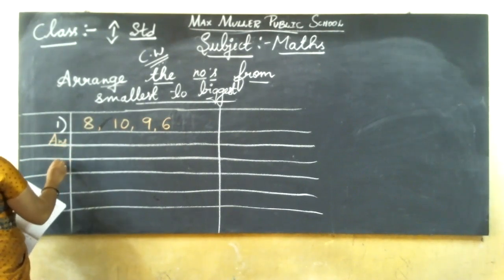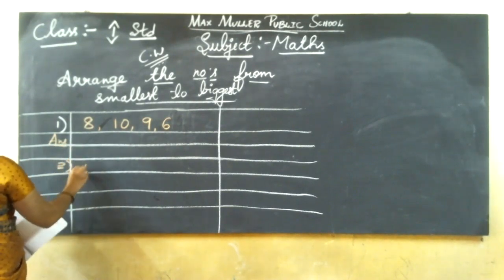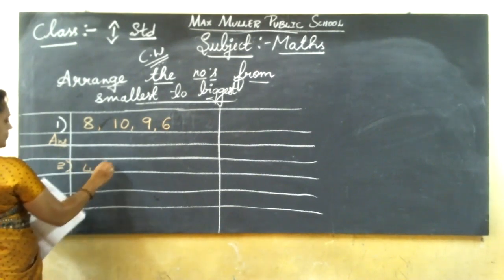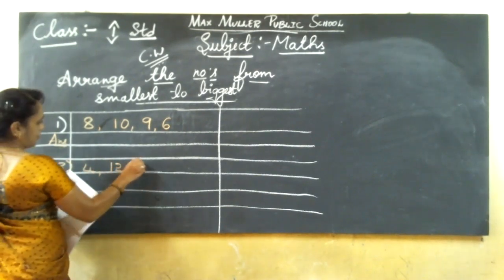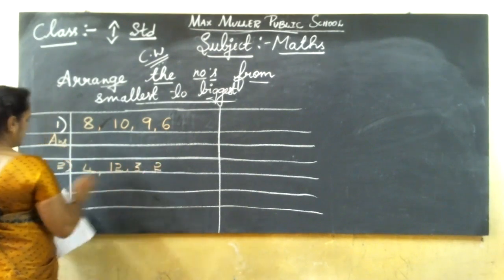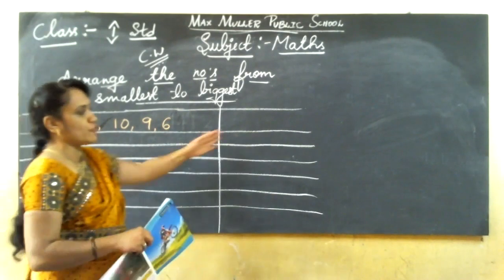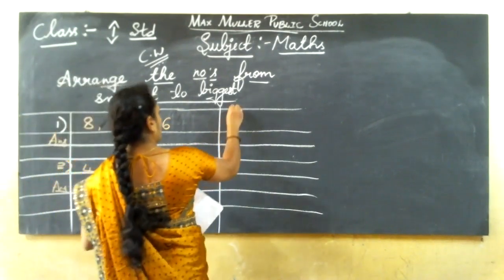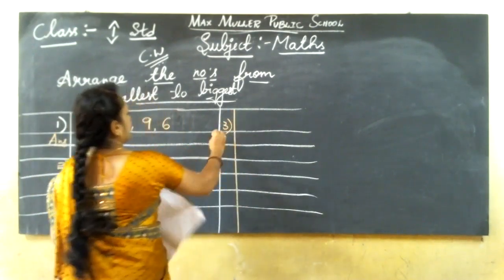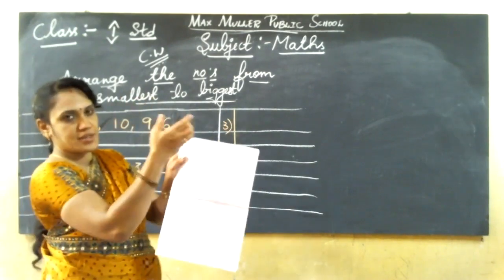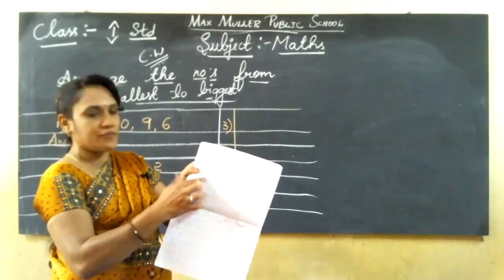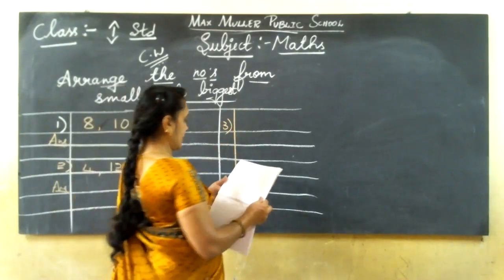After one sum, leave a line and write the next. 12, 2. You continue down, next line. For me there is no place, I'm writing here. Okay, you continue on the next line. You will have so many lines in your books, isn't it? First sum, second sum. Afterwards, leave a line and continue the third sum on the next line.